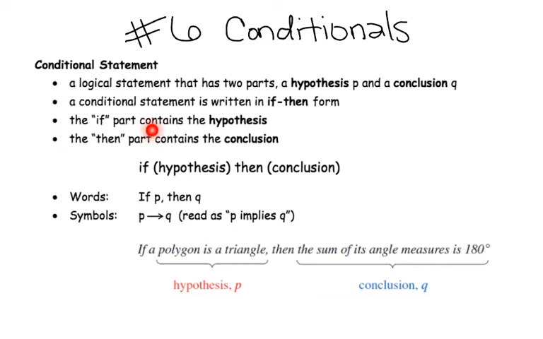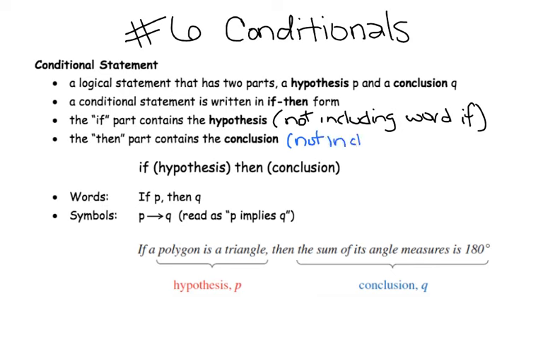The if part contains the hypothesis. Now, it's very important that you understand this. It does not include the word if. Okay, and the then part contains the conclusion, not including the word then.